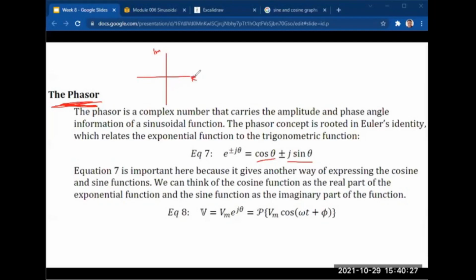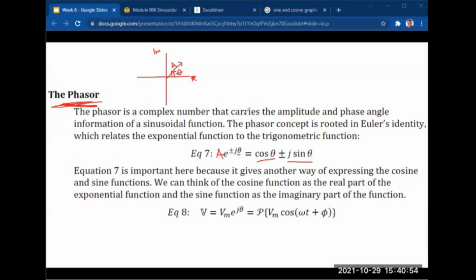Hopefully you still remember your phasor diagram. Then, let's say we have A. So A is the amplitude. Then theta is the angle from the positive real axis. Okay, so this is our phasor diagram.